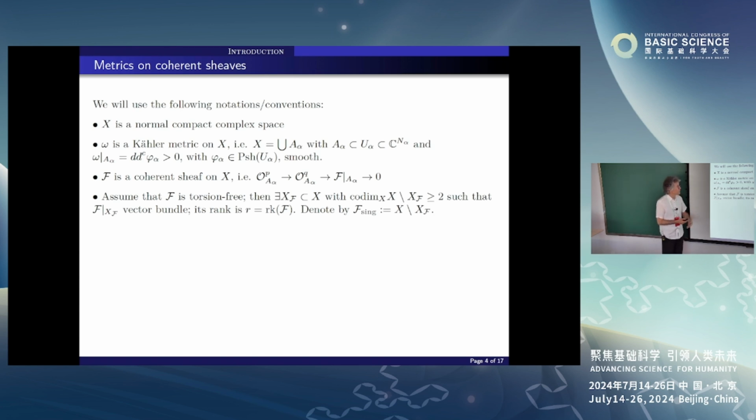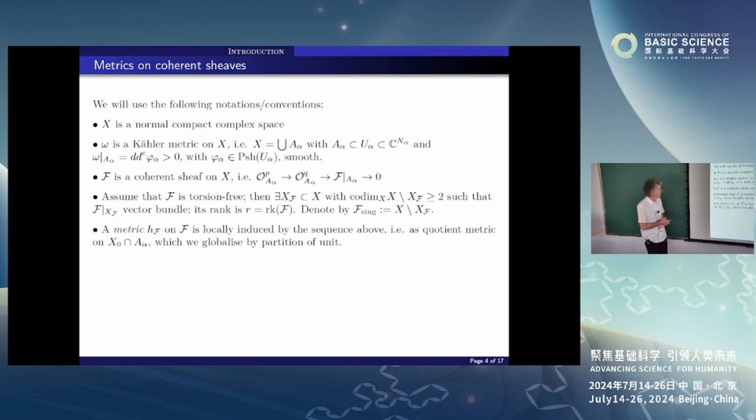And then, yeah, so now my definition of a metric on F is simply to take the sequence that we have. We take this sequence, we take the trivial metric on this locally free sheaf, right?